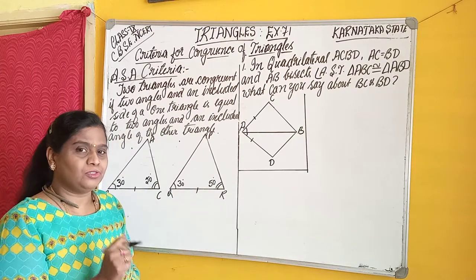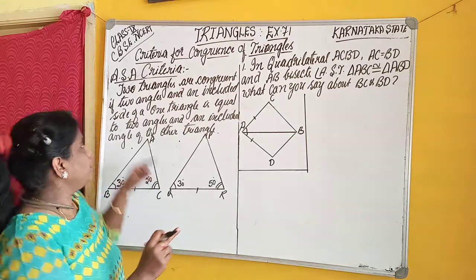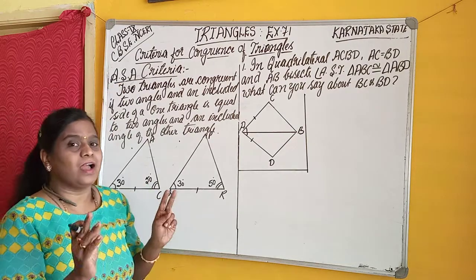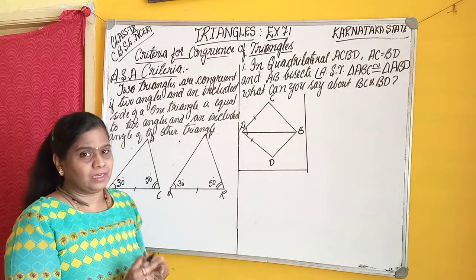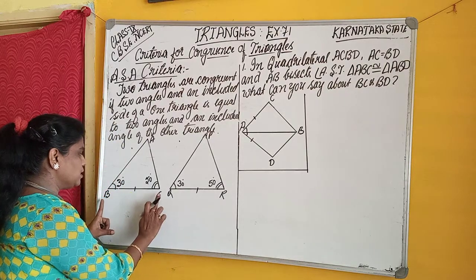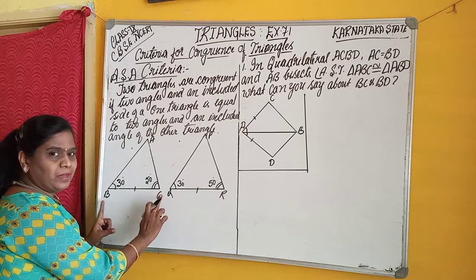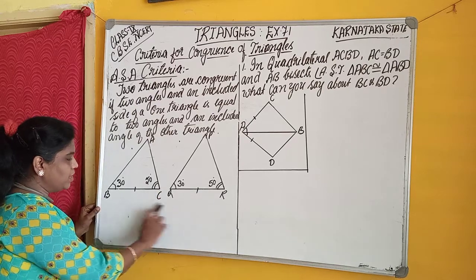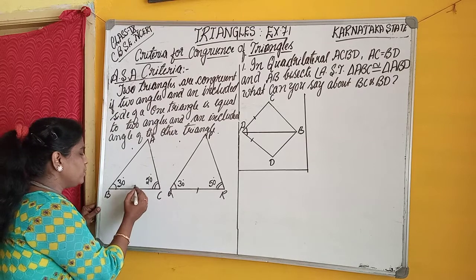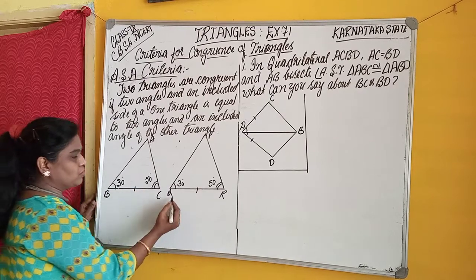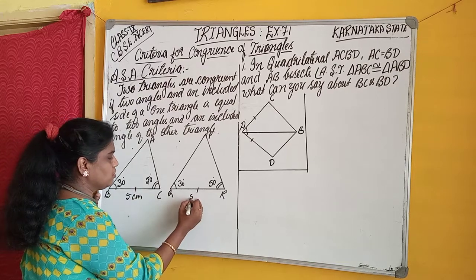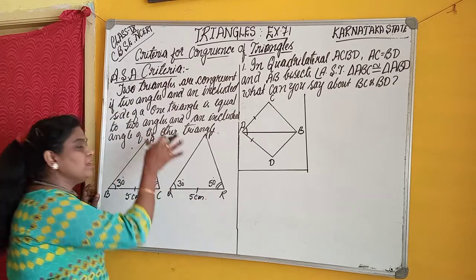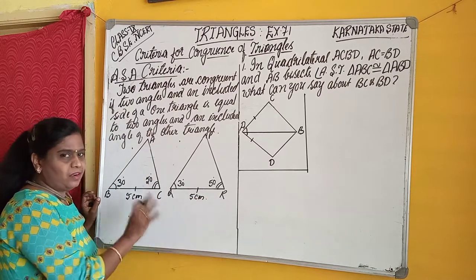Now what we have to check? We have to check the included side of the two angles. The side formed by the two angles is BC. This BC is equal to QR. This is also 5 centimeter. Understood?